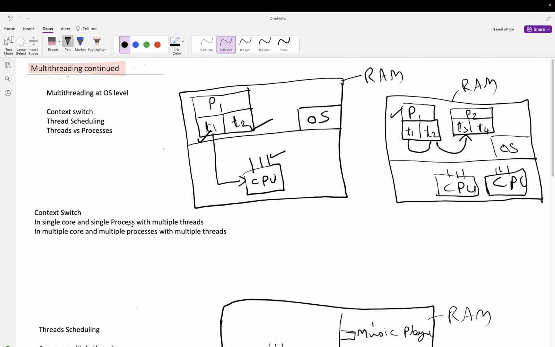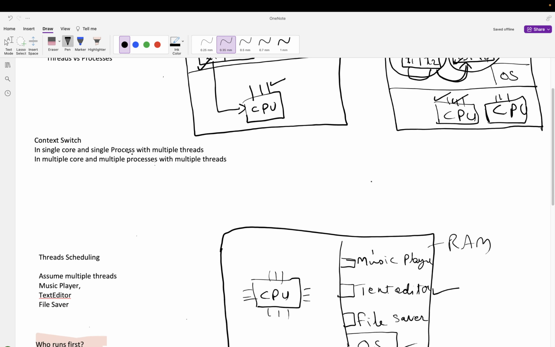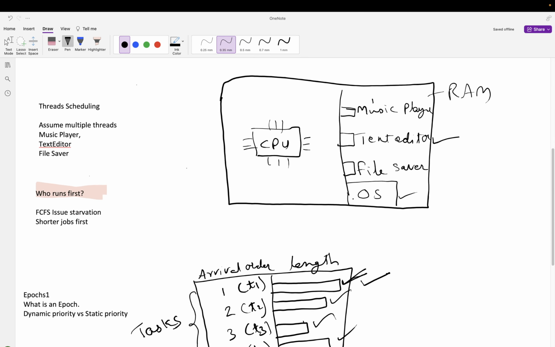And if the switch is between processes, for example T2 is running on this CPU and the operating system schedules T3 on the same CPU, then the whole process status needs to be stored, and the status of process P2 needs to be restored along with thread T3. This is a costlier switch compared to a switch between two threads inside one process. Let's move on to the next topic, thread scheduling.